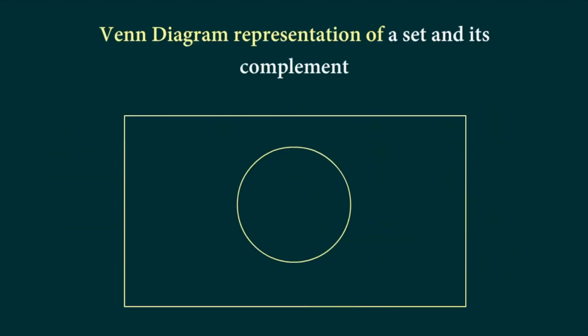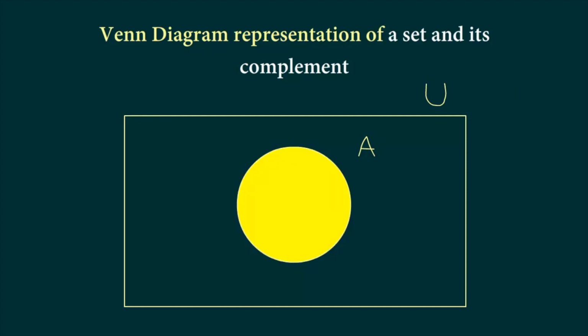Now let's try to visualize the complement of a set from a Venn diagram standpoint. Here the circle represents set A and the outside rectangle is our universal set. Clearly the part highlighted in yellow represents our set A. So what will be the complement of set A?